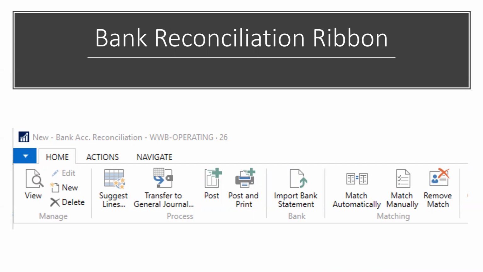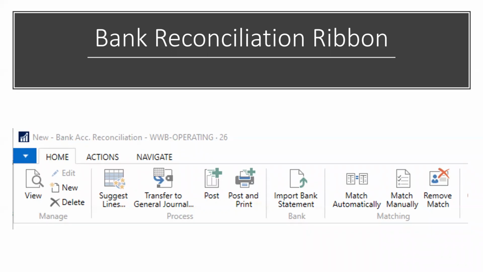So from the reconciliation we receive from your bank, or your XML, or by suggesting lines from the system, we might have some transactions that are not present in the ERP or in our GL account. So we need to generate a financial journal right away. This gives us an automated process to tell NAV, hey, this transaction is not in NAV yet, help me transfer it to a general journal and post it automatically, so we don't waste time on this type of operation.